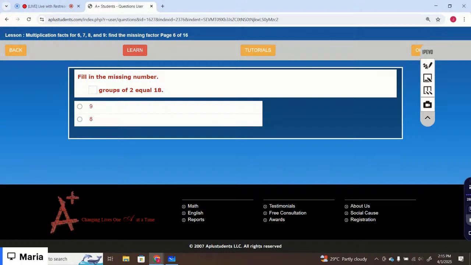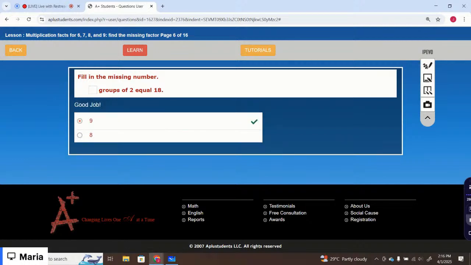How many groups of 2 equals 18? Fill in the missing number. Very good. 2 times 9 is 18. Option number 1 is the correct option. 9 it is.